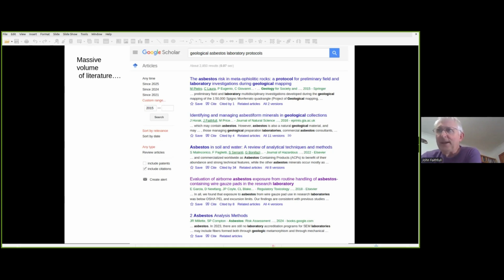My interest in asbestos really developed around 2013-15. It became a priority in the museum sector, in geological museums, and we organised a workshop with the Health and Safety Lab in Buxton, and I see Laurie, who is here today with some of his team.